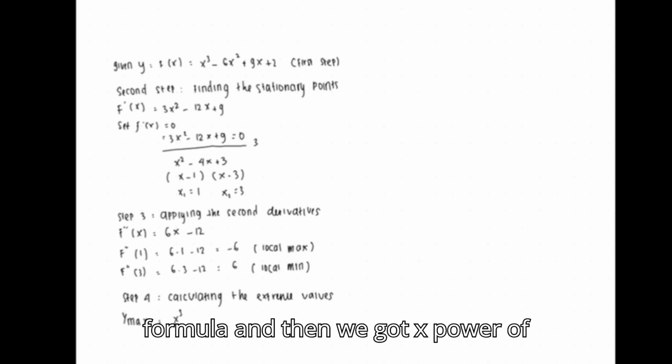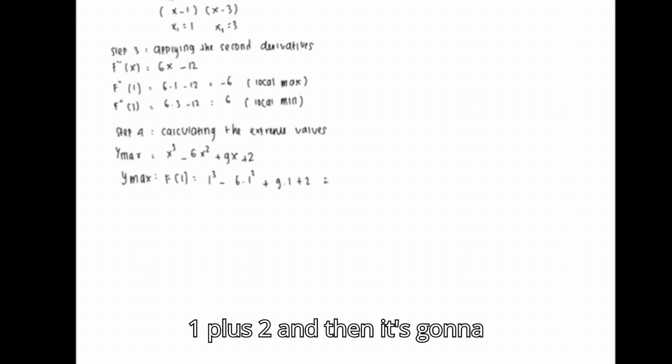First thing first, we put the formula, x to the power of 3 minus 6x squared plus 9x plus 2. And then we put in x1. It becomes 1 to the power of 3 minus 6 times 1 squared plus 9 times 1 plus 2, and then it's going to be 6.